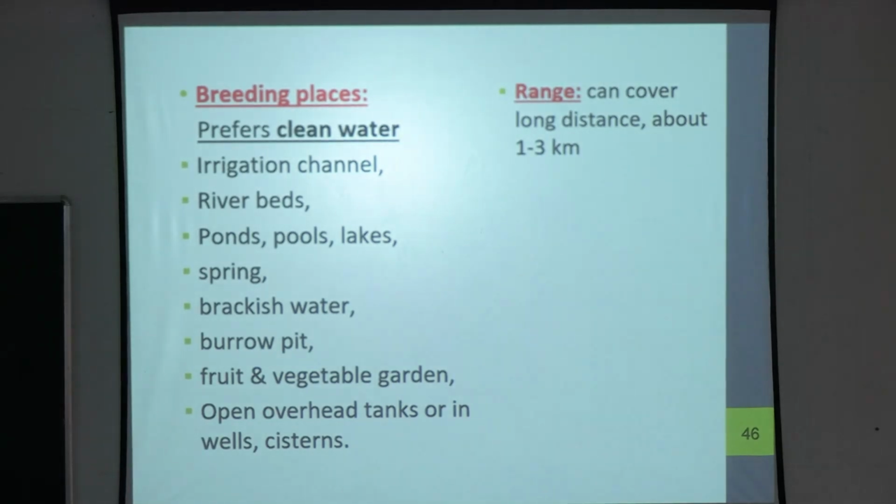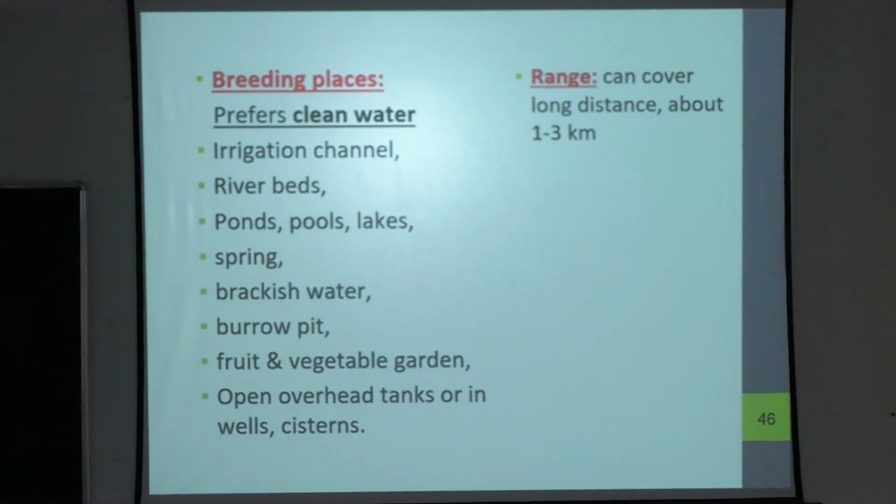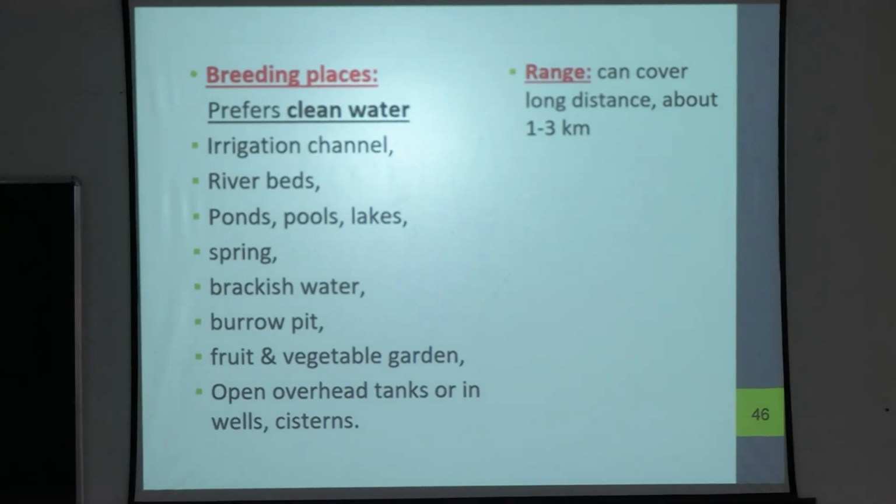If you are finding it in rural and peri-urban areas, you will find them in moving water, mainly in streams, then lakes. For Anopheles stephensi in urban areas, they will prefer clean accumulated water. But the main point is they prefer clean water. They do not lay eggs in dirty water, and they can cover a long distance range, about 1 to 3 kilometers. Okay, understood about the habits till now?